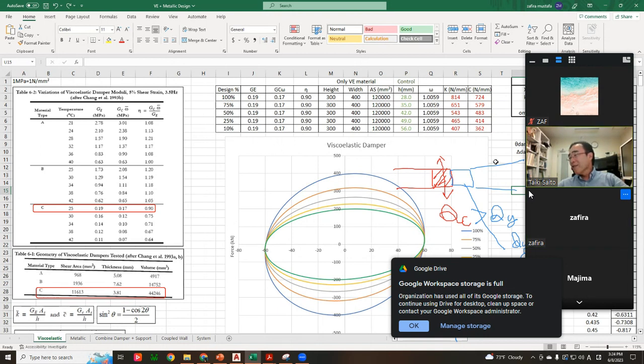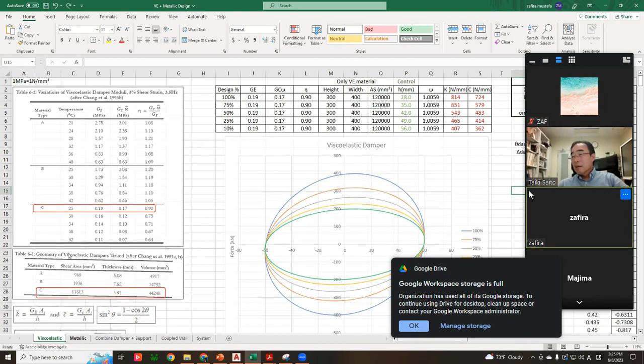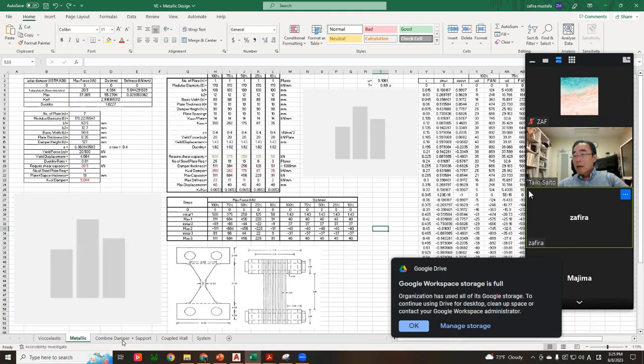So this value cannot be reached, because the metallic damper is here. Okay, Sensei, I understand. You understand? Yes. I will find the formula for that hysteresis, Sensei. Because this one is just plus minus to get this one.